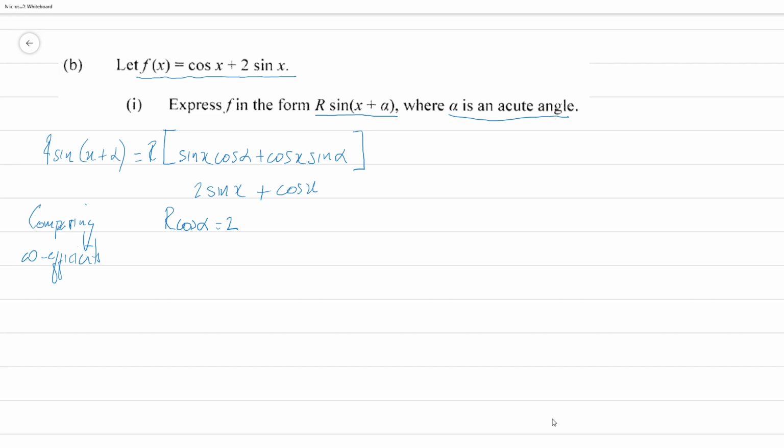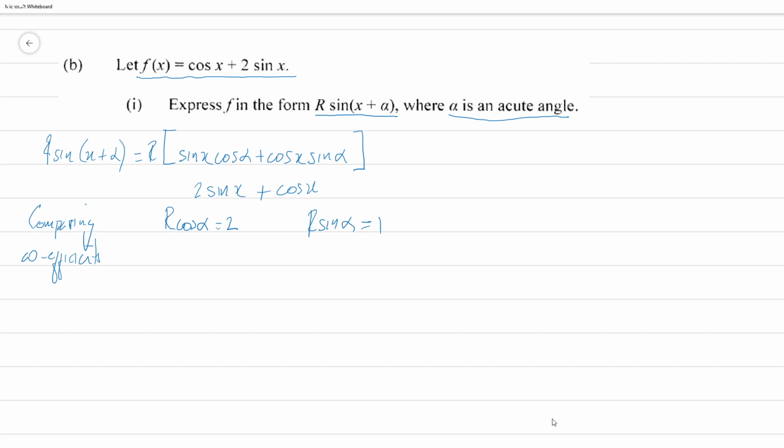And on this side, you would get r sine alpha is equal to the coefficient in front of here. The coefficient in front of here would be 1. Okay. So now we just have to find r and alpha. So let's start off with r.